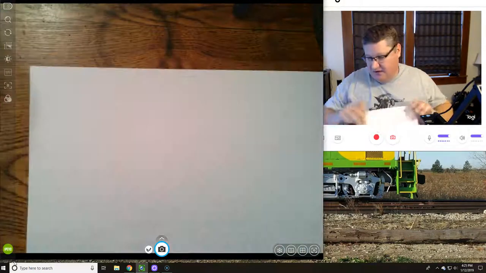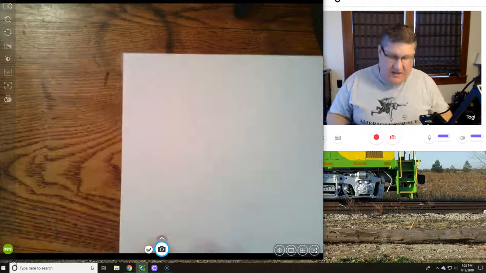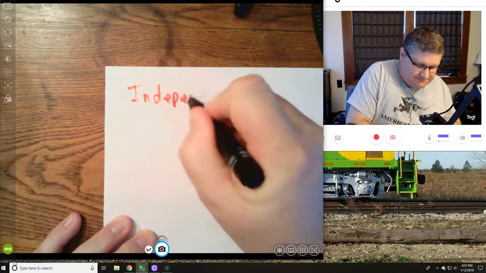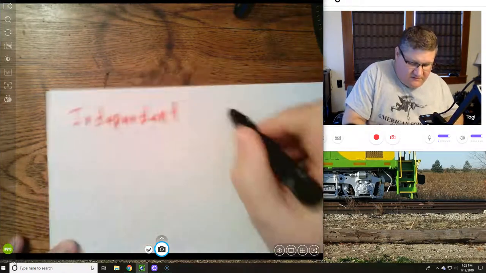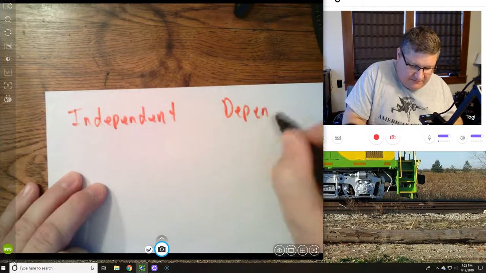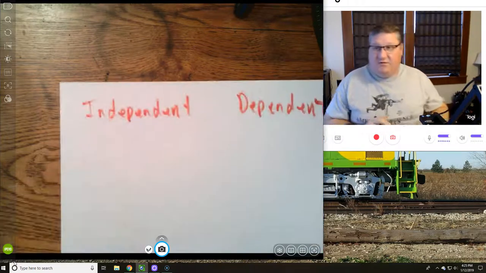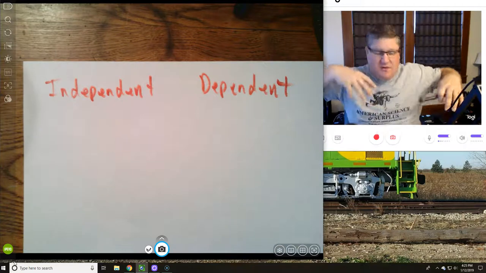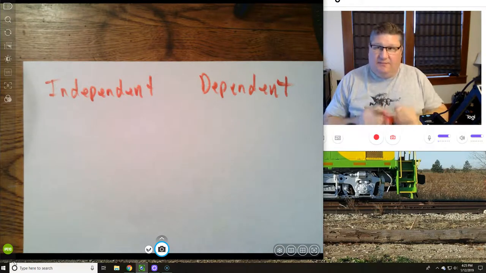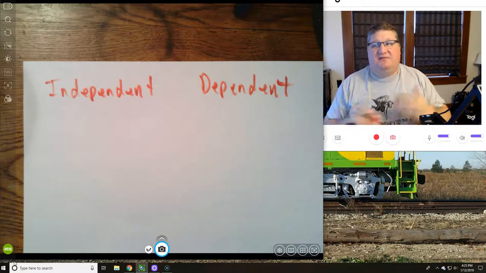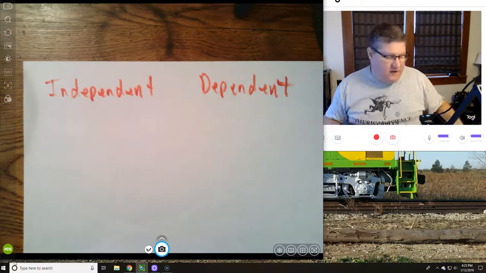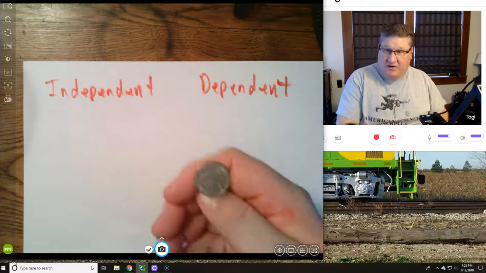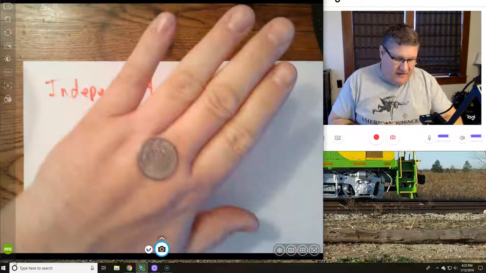It also means that we have to talk about another term, and that is independent versus dependent. Now, if you're a person who is independent, it means you get to choose, you do whatever you want, you have freedom. Dependent means you have to depend on somebody else, like I have to wait on a ride from my friend or my mom or my dad or my brother or whatever. In the case of flipping a coin, that's one event.